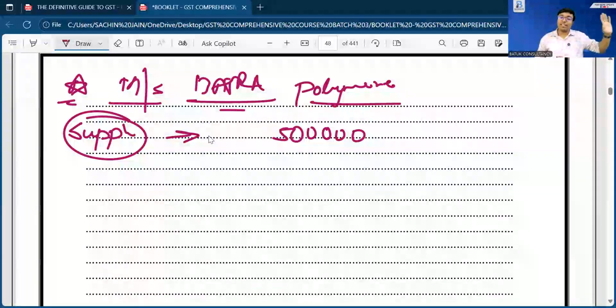So the terms have already been decided at the time of supply, that if Mr. Buyer makes the payment within 3 months, that person will get a discount of 5%, otherwise the complete 5 lakh is to be paid. Okay, so the terms have already been decided.